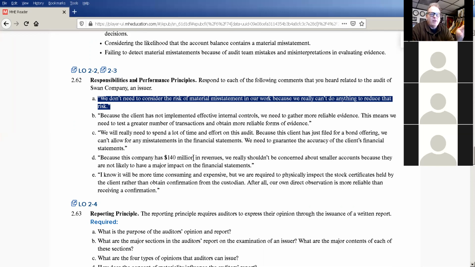They say, well, we don't have any control over that. That's the client. The client has control over it. So we don't have to worry about material misstatement because that's a risk we can't reduce. If the risk is 5% or 10% or 50%, it doesn't matter because we have no control over it.